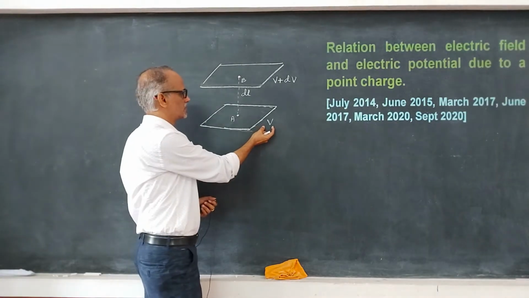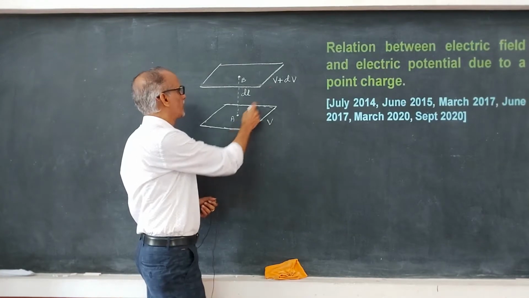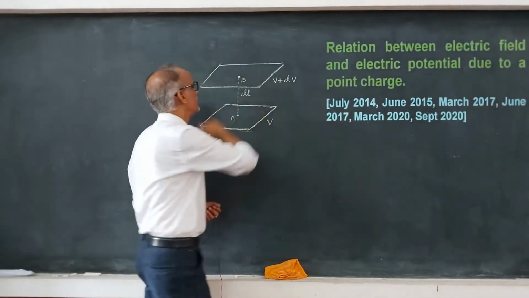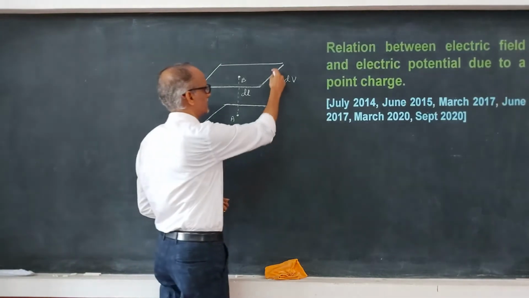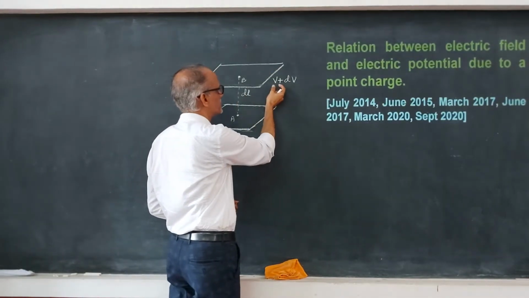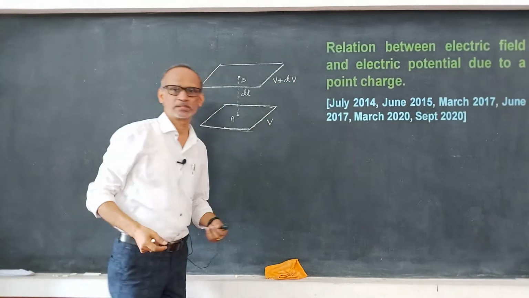So V is the potential at A and V plus dV is the potential at B, so the potential difference between A and B is dV.